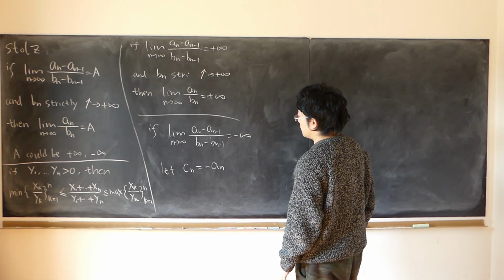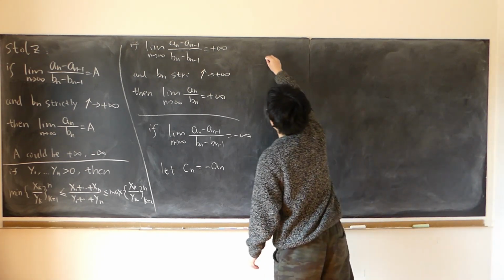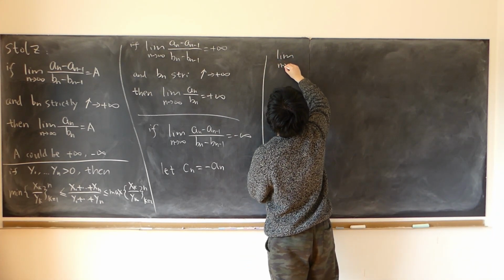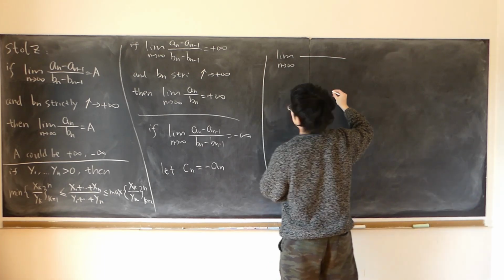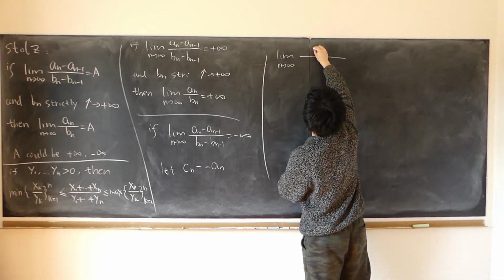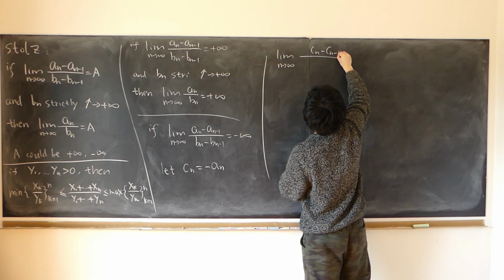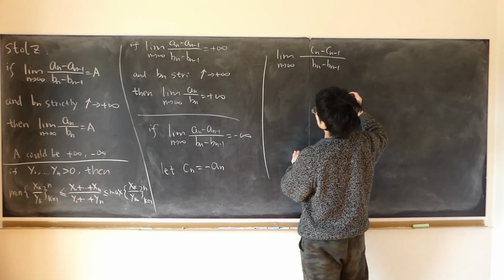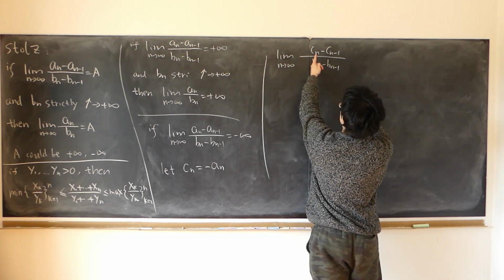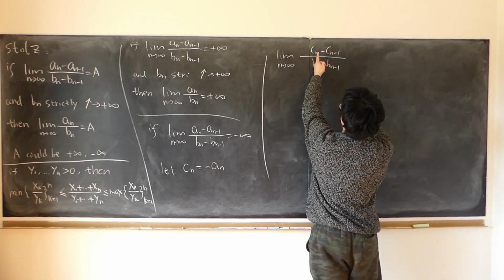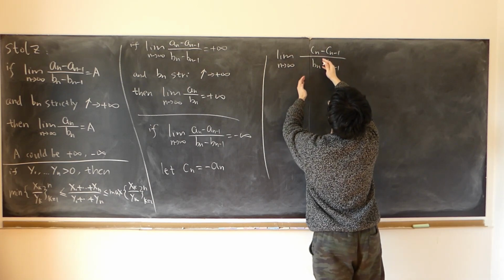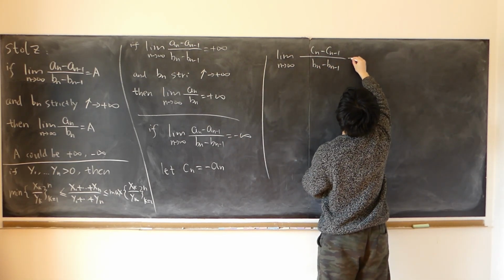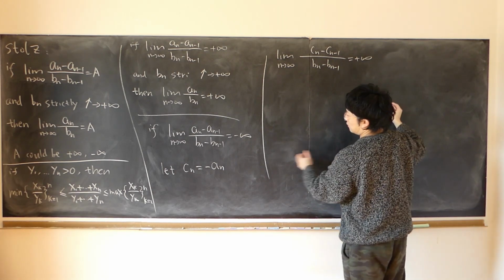So in that case, the limit of Cn minus Cn minus 1 over bn minus bn minus 1 is in fact just the negative of an minus an minus 1 over bn minus bn minus 1, right? Obviously approaches positive infinity, under this condition.